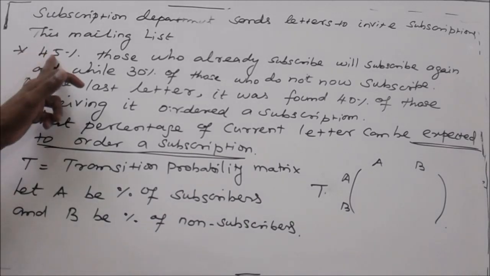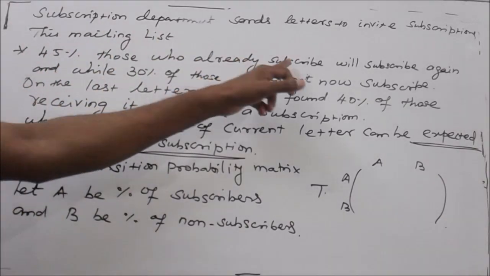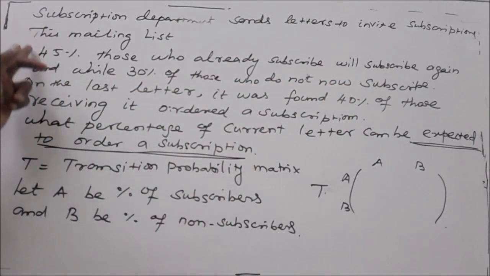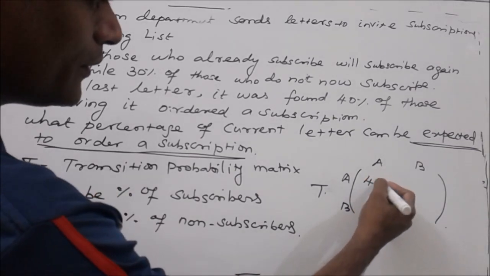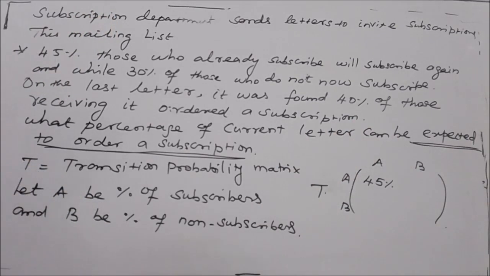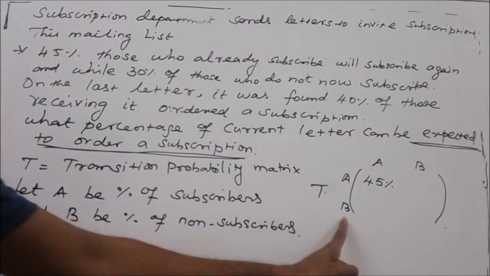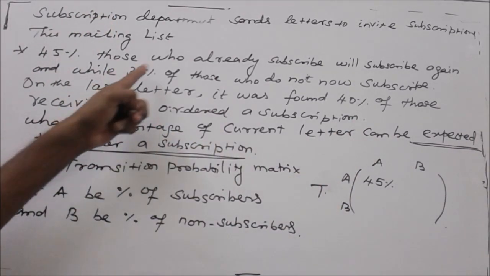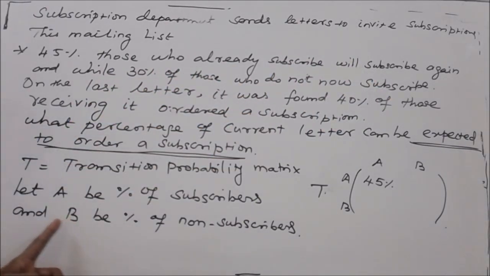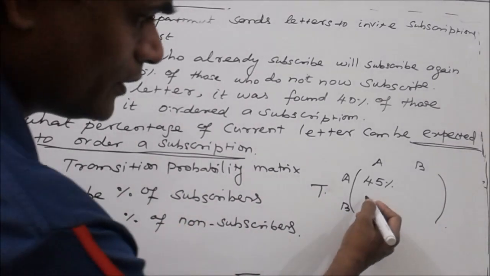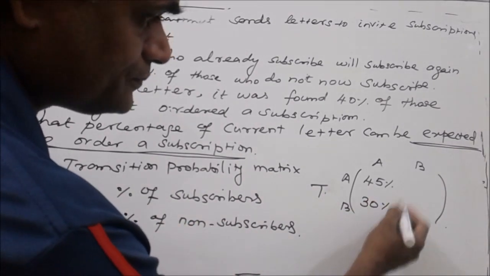Given 45% already subscribe will subscribe, that means 45% of people are subscribing. Therefore A is 45%. And then in B, 30% of those who do not subscribe now. Therefore in B we have 30%.